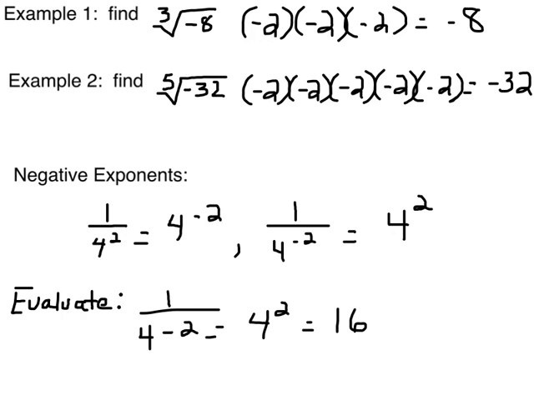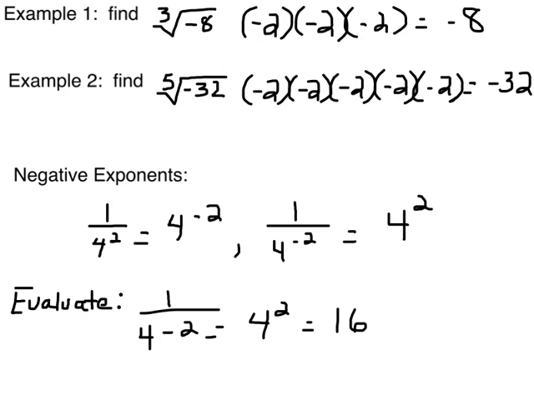So, for example, it says find the cubed root of negative 8. Well, we know from what we just did that number is going to be negative 2. Negative 2 times negative 2 is positive 4, but then a third time, which is an odd number, is going to make that a negative 8.